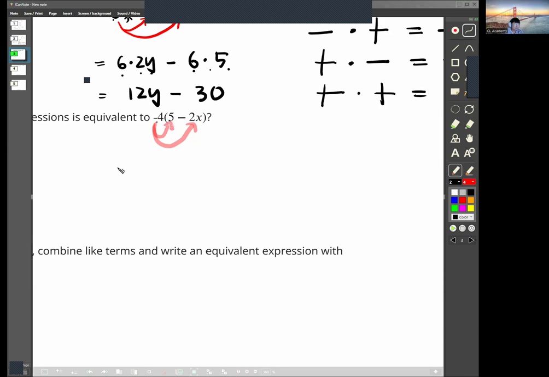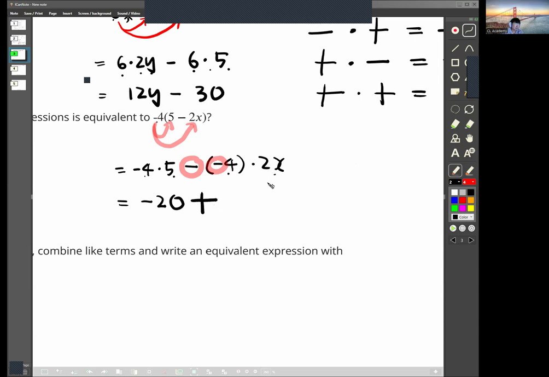Now here, -4 times 5, I'm going to distribute it. -4 times 5 minus -4 times 2x. -4 times 5 is -20. One more time, minus times a negative becomes plus.